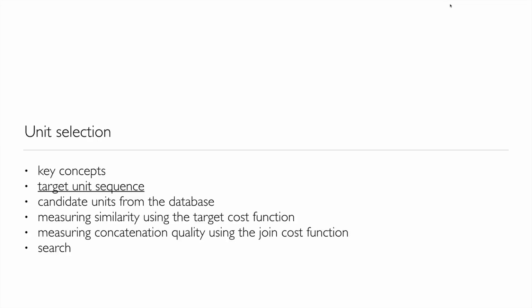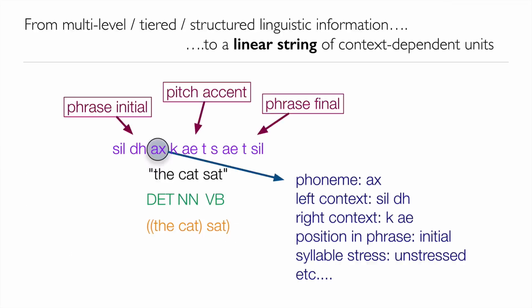They don't have waveforms. When we talk about the search a bit later on, we'll find that we want all the information about the target, about the candidates from the database, and also about the way that they join, to all be stored locally. That's going to reduce the complexity of the search problem dramatically. So let's do that straight away.